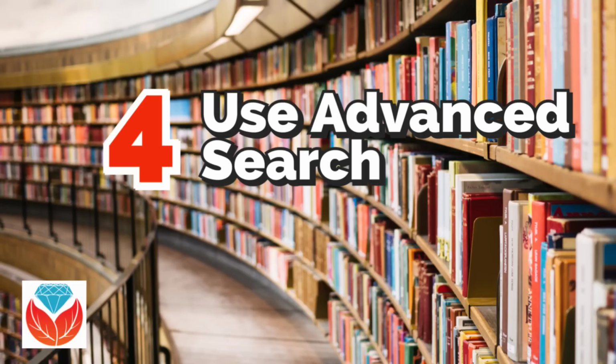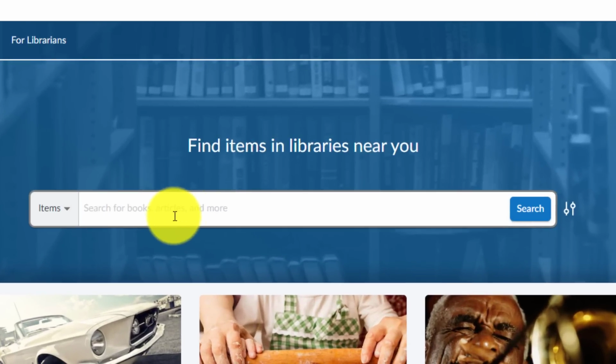The fourth thing that you should be doing at WorldCat is searching for resources, stuff that you can use for your family history. And in order to do that, here in the search bar, we're going to go back into that items mode. So we have looked at libraries, we've looked at lists, but we're going to make sure that we have selected items. And then we could put in a surname, we could put in a topic, a particular type of record.